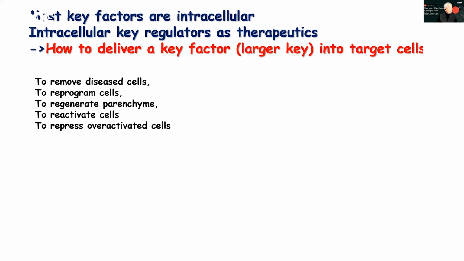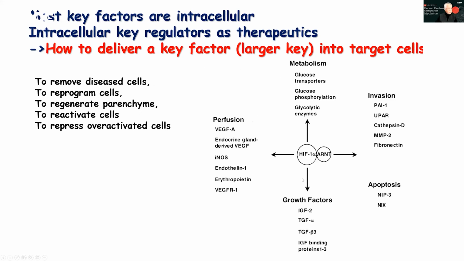So to have this multifunctional activity, we definitely need to deliver key factors into target cells. For example, here, HIF1 alpha, which is a very critical transcription factor in the regulation of metabolism, perfusion, and growth control, etc. If we can deliver these key factors into target cells, that would be wonderful.